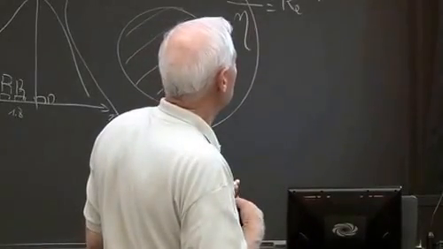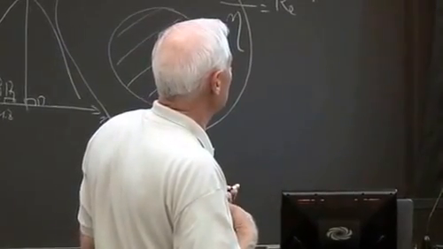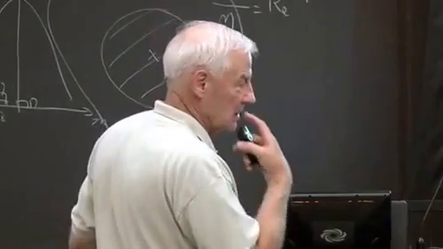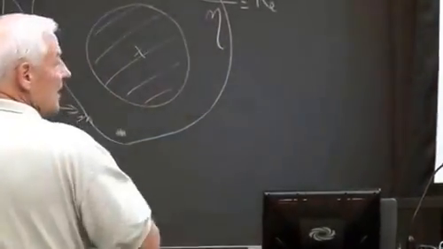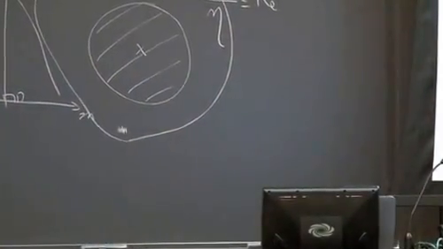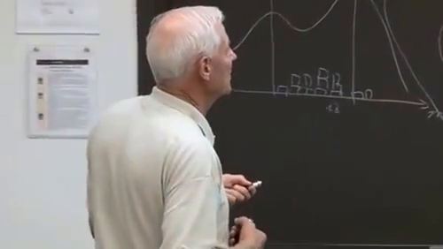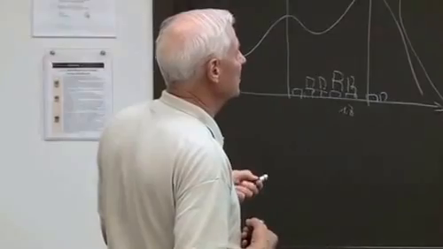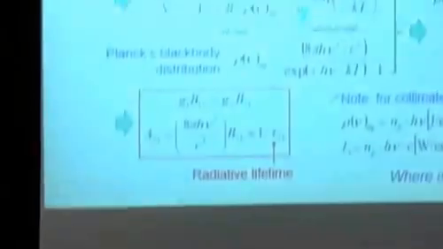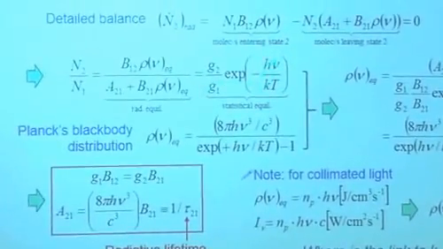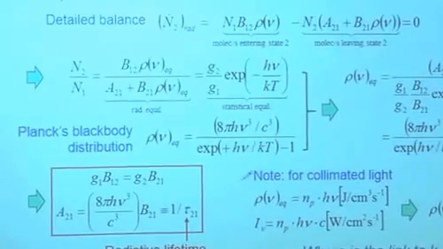This is nothing more than the ratio of the degeneracies and the exponential of the energy difference. h nu is the energy difference. So he just was wondering where this came from. This is the ratio of the populations in 2 and 1, statistical mechanics, where ordinarily you'd write the difference in the energies.